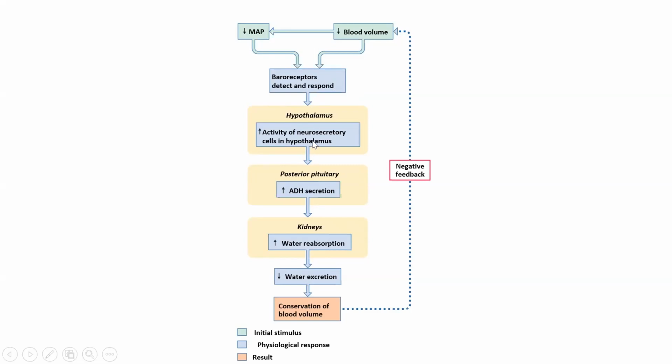That will also send a signal to the hypothalamus to increase ADH production, which will increase the secretion or release of that ADH from the posterior pituitary, and that will have the same effect on our kidneys. Increase water reabsorption, decrease water excretion so that we're not losing excess amounts of fluid, and conserving our blood volume, and then that will turn off that initial stimulus of decreased blood volume and decreased mean arterial pressure.